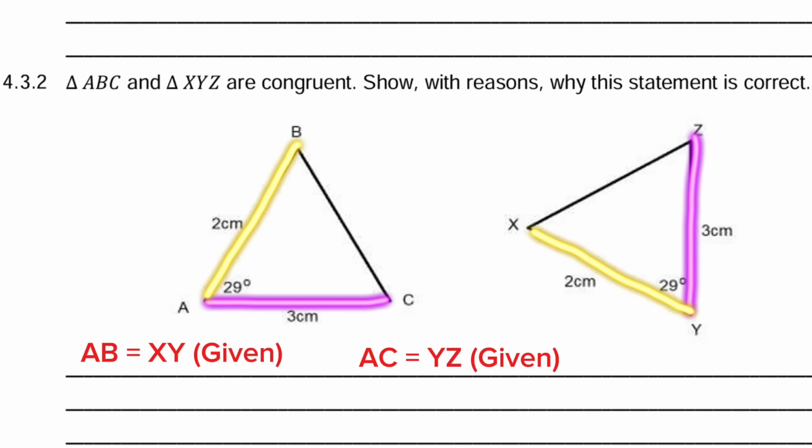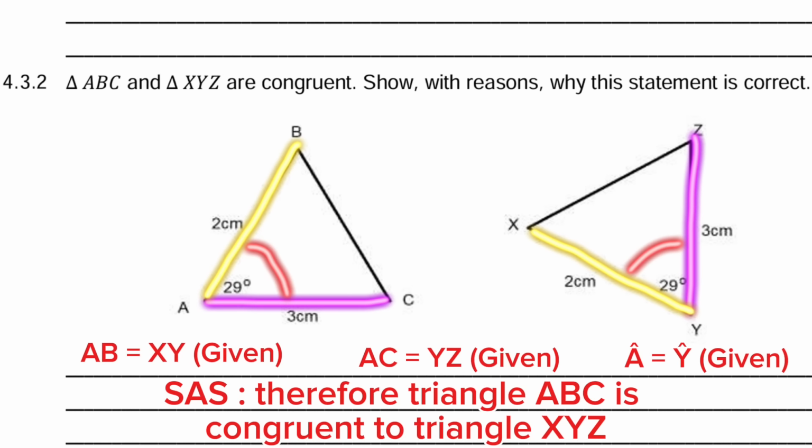So we have two sides that are equal. And if you look there, there's an angle in between the two sides that is equal for both triangles. That is telling us that the condition is side, angle, side. Therefore, because of that one condition, a side, an angle, and a side in between the two equal sides, those two triangles are exactly the same, or we say that they are congruent.